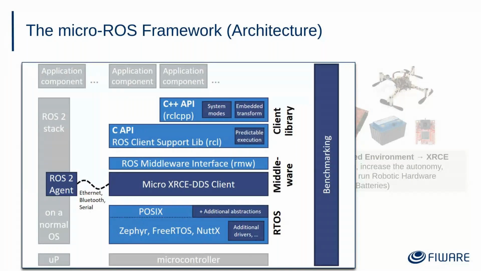At the microcontroller level, we have the Micro XRCE-DDS middleware, and in particular, the nodes running micro-ROS all share the XRCE-DDS data cloud, where the micro-ROS API allows the data exchange across different micro-ROS nodes. And on the left side, you can see the ROS 2 agent. The ROS 2 agent has the role of bridging the XRCE-DDS data cloud to the standard DDS data cloud of the ROS 2 environment.